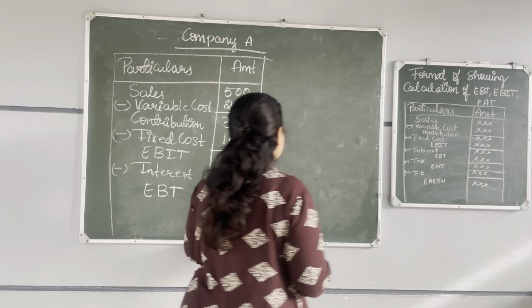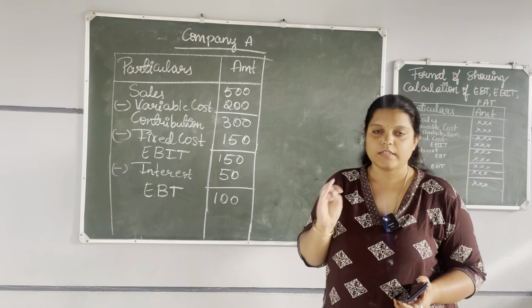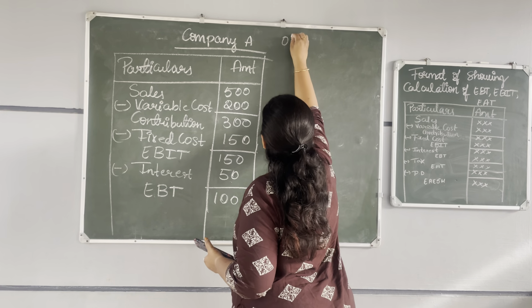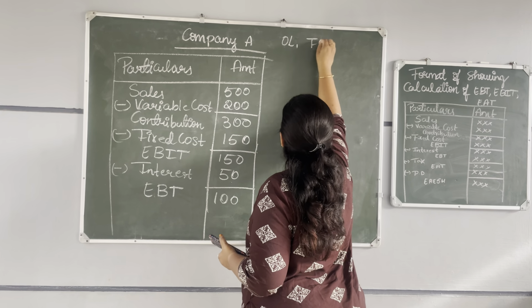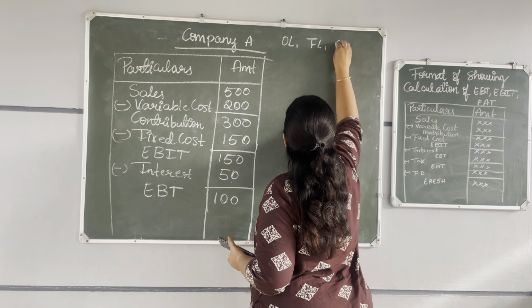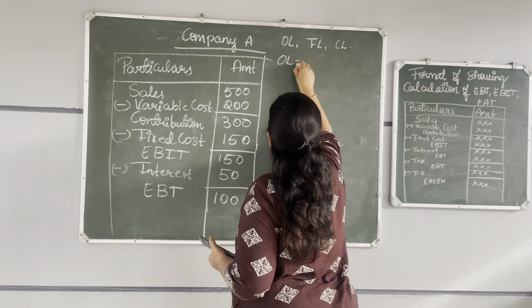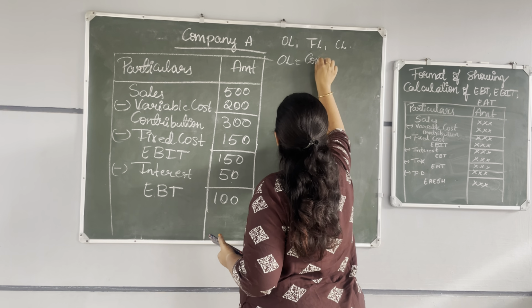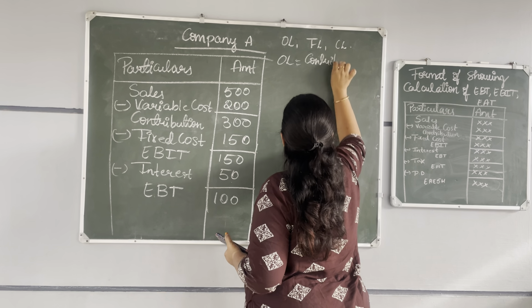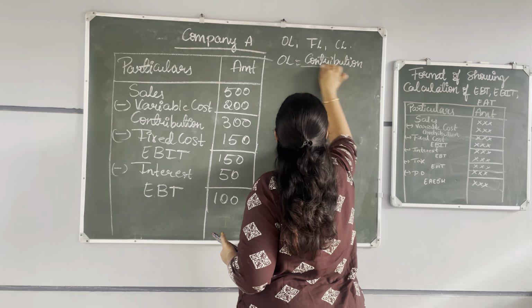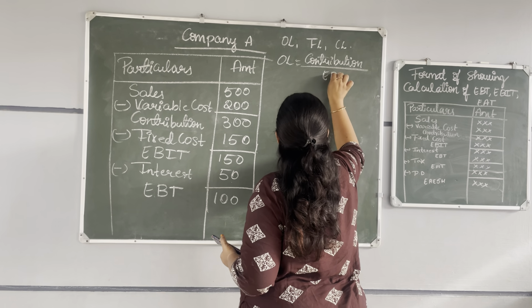What we have to do? They have given three calculations: operating leverages, financial leverages and combined leverages. First, operating leverages. The formula is contribution divided by EBIT.